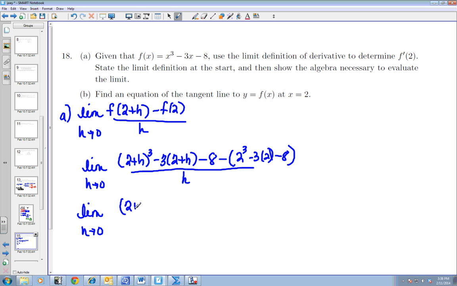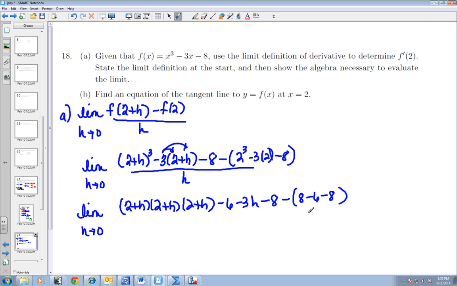This means 2 plus h times 2 plus h times 2 plus h minus, I'm going to go ahead and distribute my 3. That's 6 minus 3h minus 8 minus 8 minus 6 minus 8 all over h.